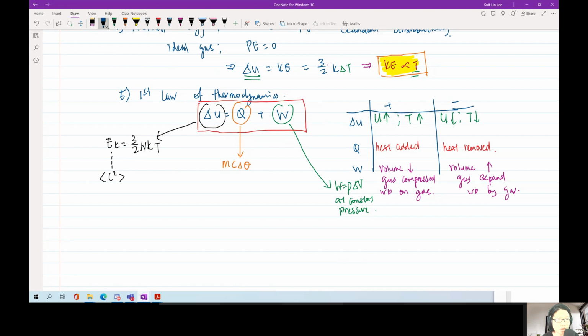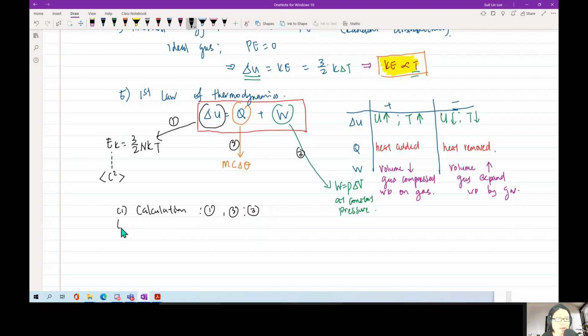Number 2, the questions that they can ask. The first type is calculation involving links 1, 2, and 3, any combination they like.